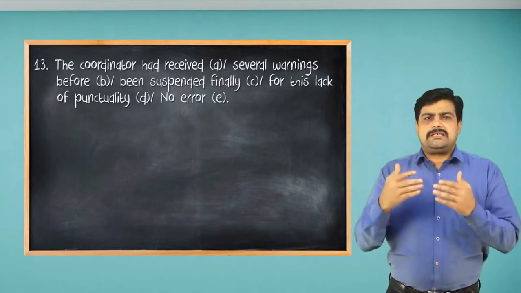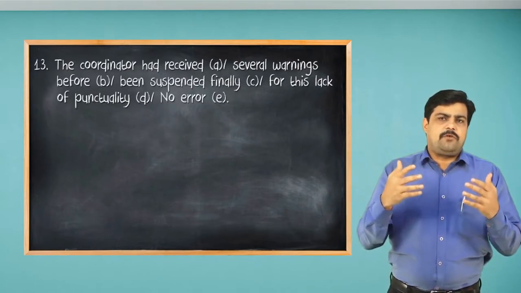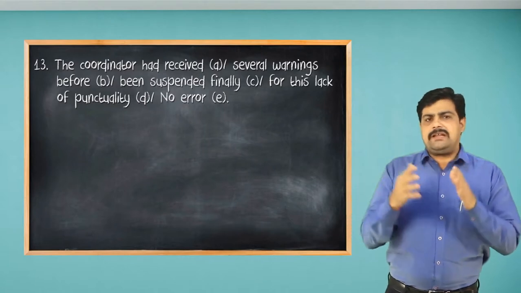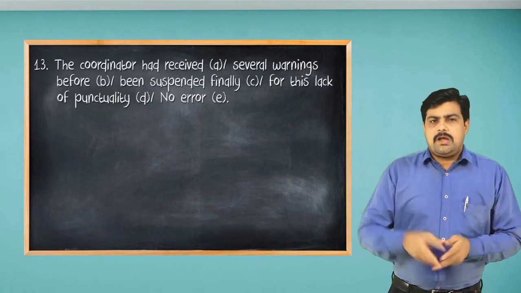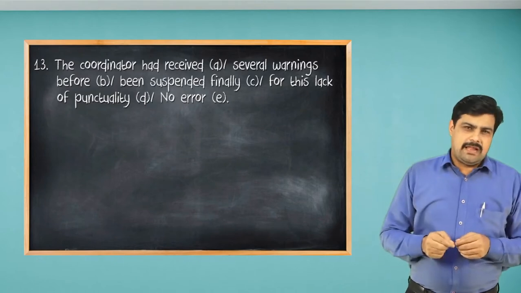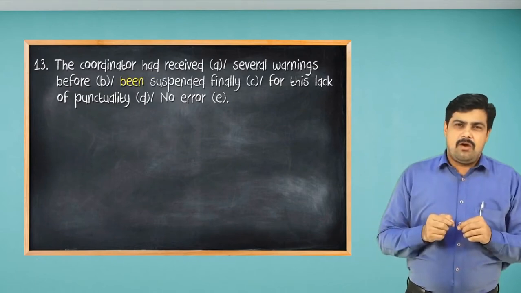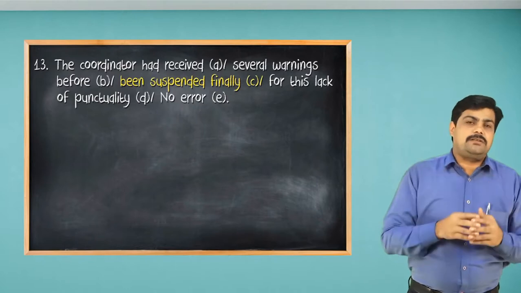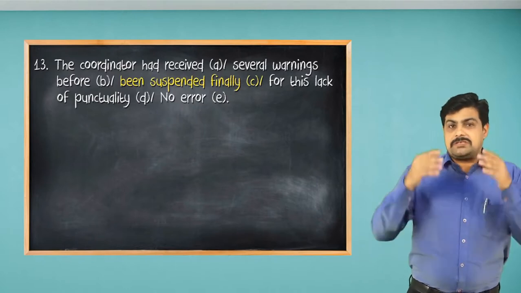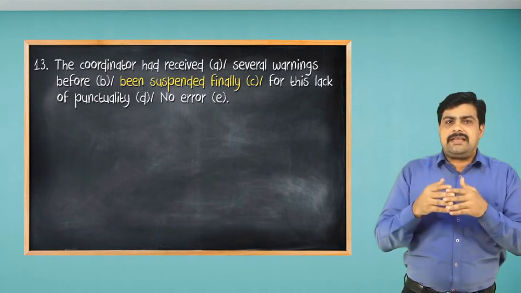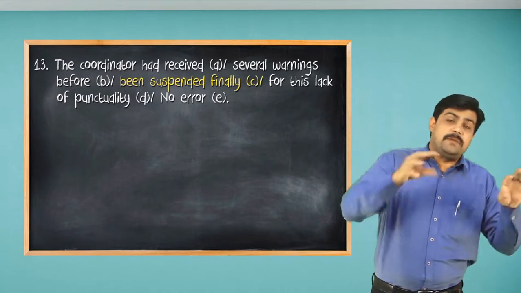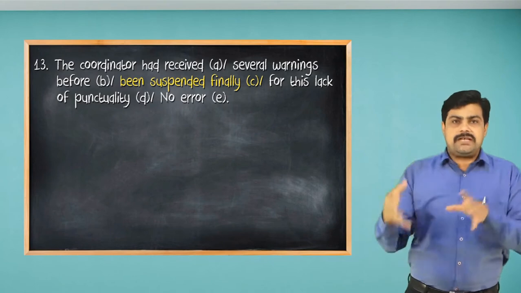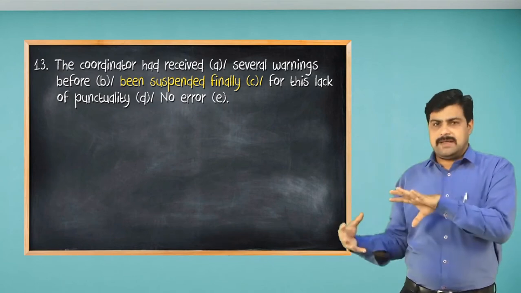Let's take the another sentence. The coordinator has received several warnings before being suspended finally for this lack of punctuality. Read this sentence carefully. Did you notice the mistake? Well, there is an error in part C. Because being suspended finally gives no sense here. Either say it before being suspended, or you can say before he was suspended.